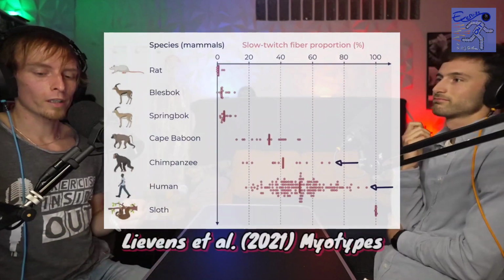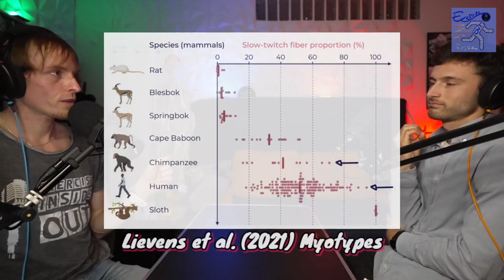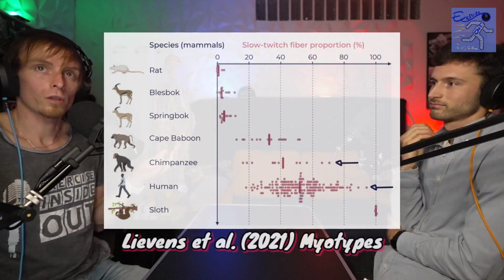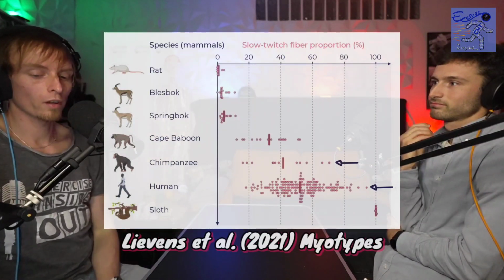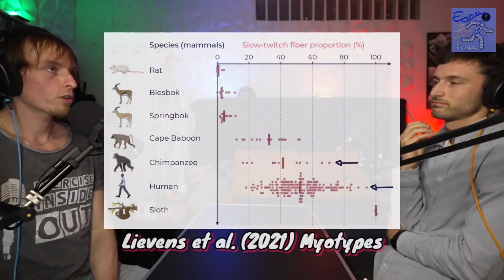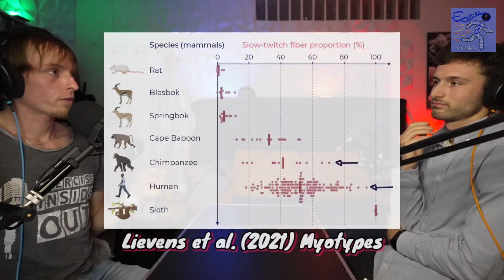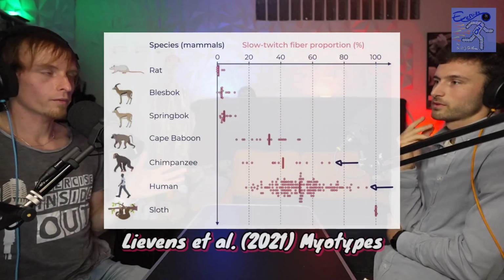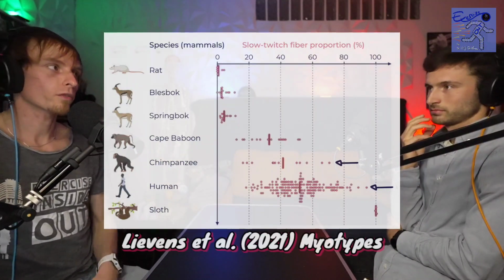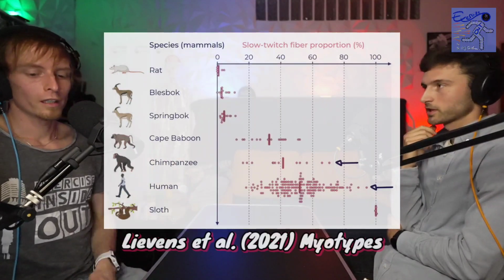So, for example, if we take a look at the rat, rats are sometimes, or in some research groups, studied for muscle fiber typology. They have a lot of type 2 fibers. So the percentage of type 1 fiber is very, very low. Yeah, exactly.